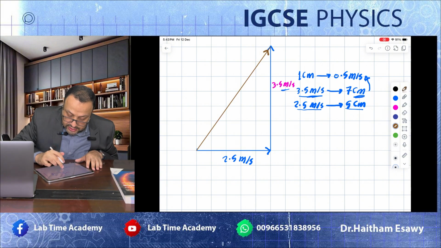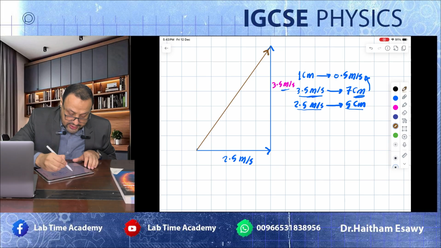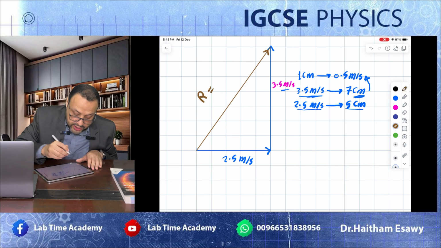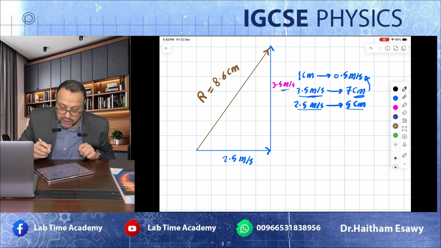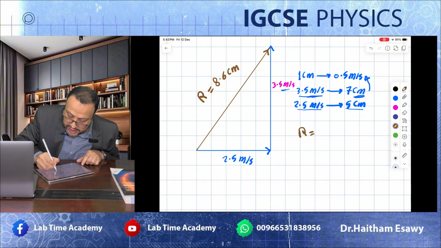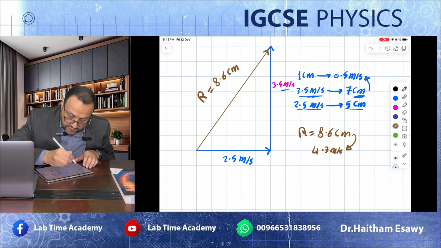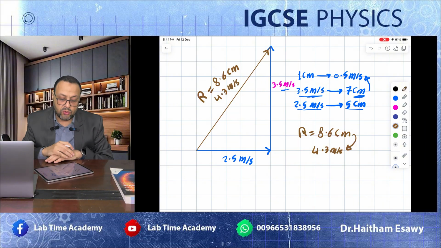Just by using the ruler, measure this resultant line, and it will be 8.6 centimeter. And this represents the speed, which is 4.3 meter per second. So this will be the resultant.